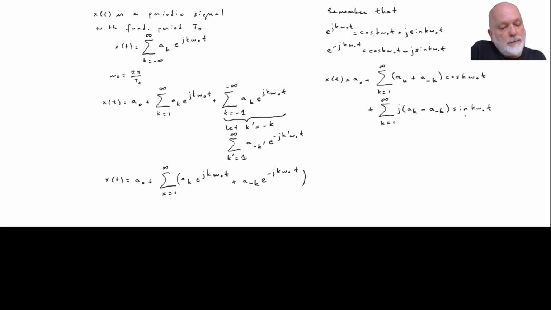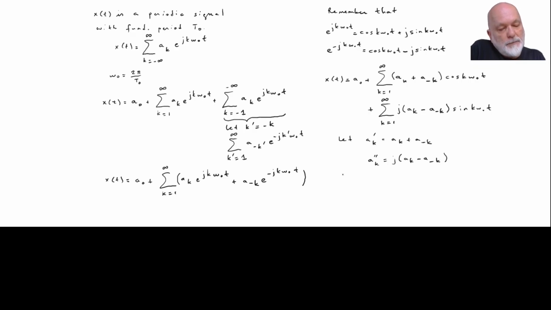Okay, now let ak prime be equal to ak plus a minus k, and ak double prime be equal to j times ak minus a minus k.